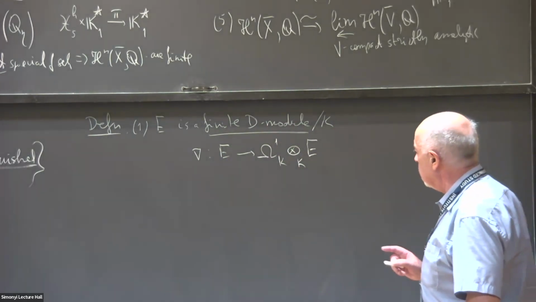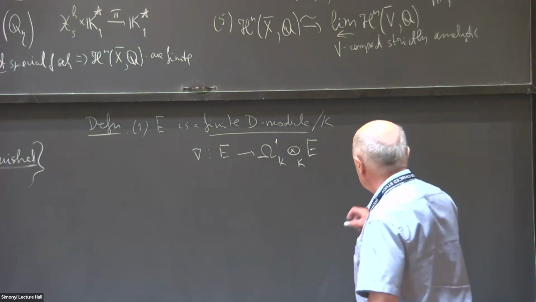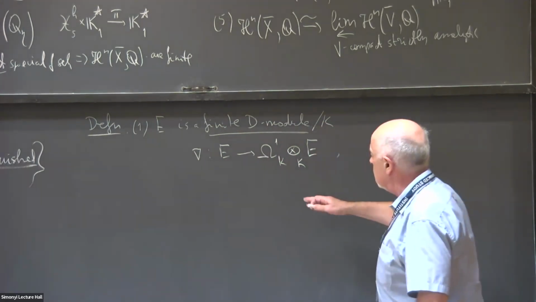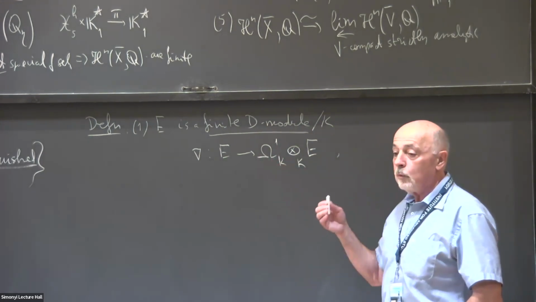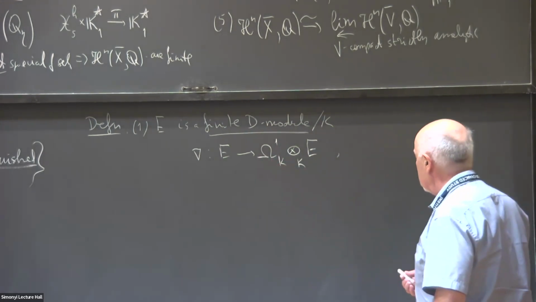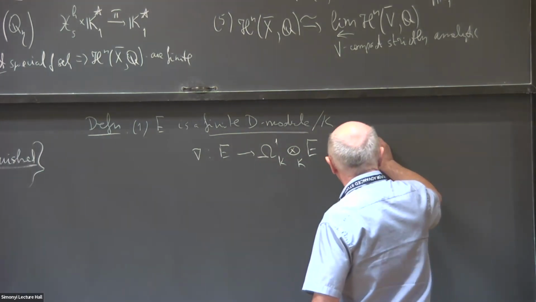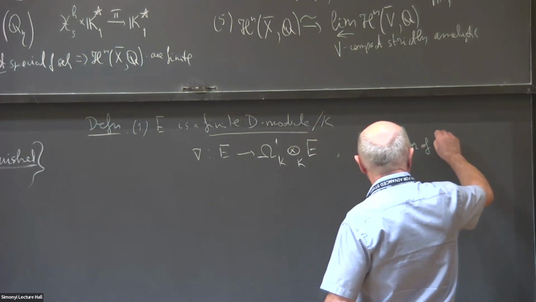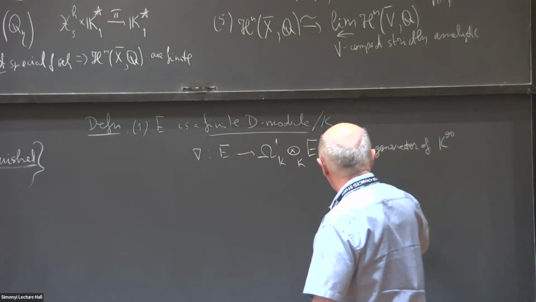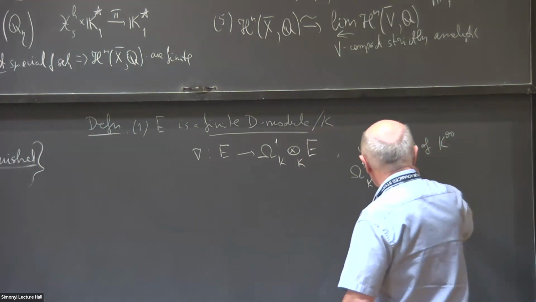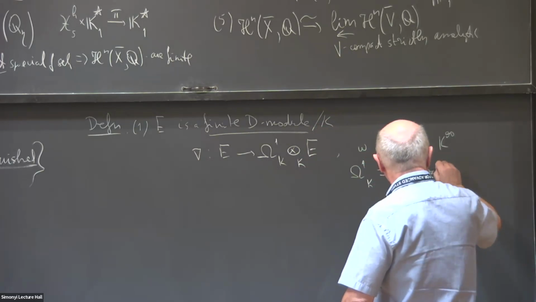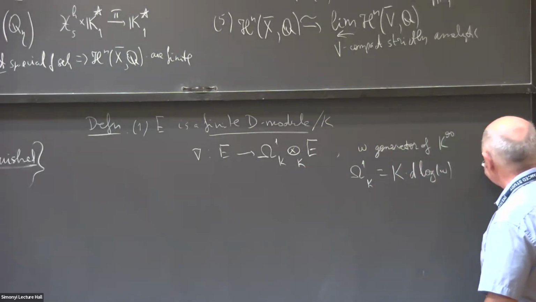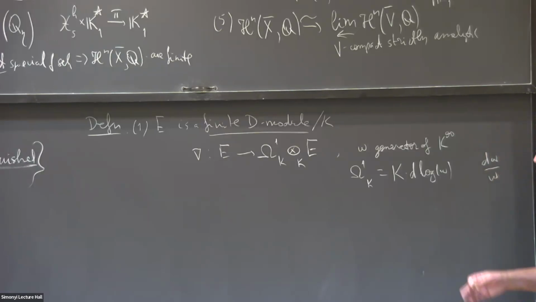Now, what is omega 1 of K? Omega 1 of K is, in fact, a D-module of rank 1, by definition. And so if you take varpi, a convenient generator of the maximal ideal, then omega 1 of K is just K times d log varpi. This is the one-form d varpi over varpi, because K is a field of Laurent power series in varpi.